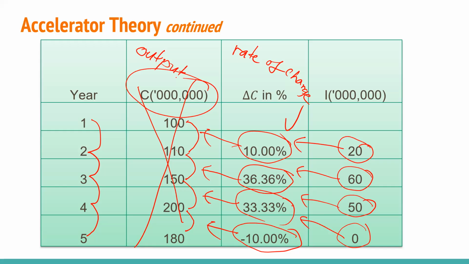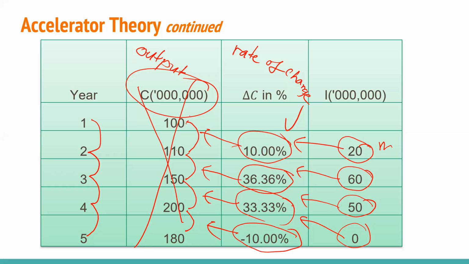Why? In year 1, he gets an expenditure of 100 million, decides to invest 20 million.